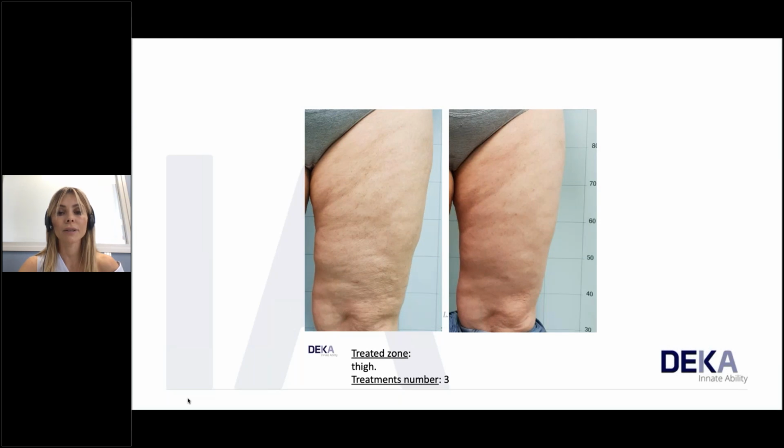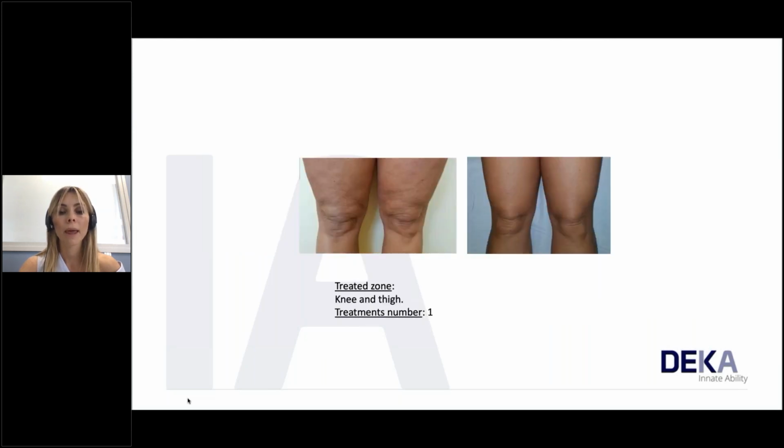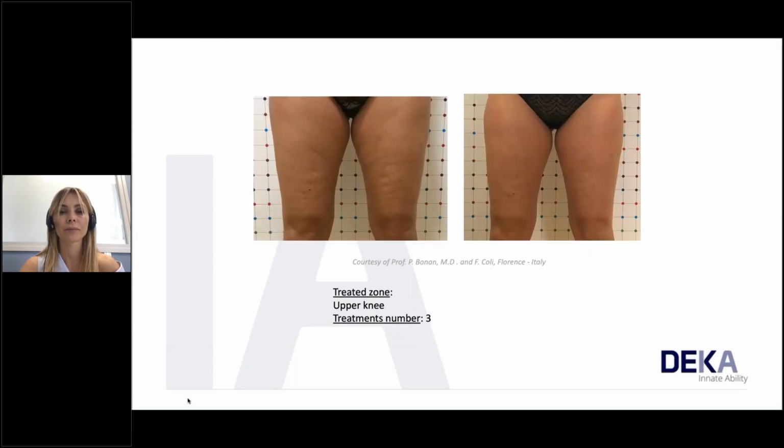And you see even here the improvement in skin quality after 3 treatments. Again, the improvement in the upper knee after 1 treatment. And again, the improvement with a loss of circumference of 3 centimeters.